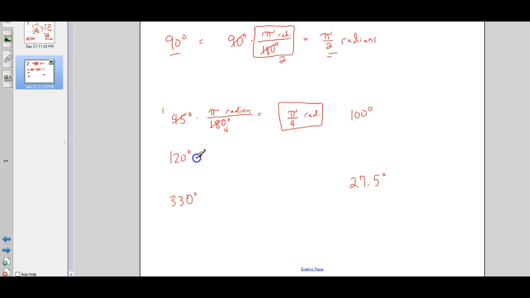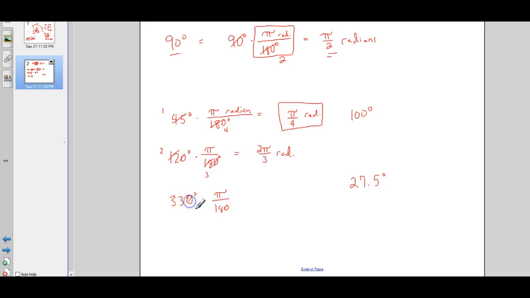And then the same thing here. I'm always going to multiply this by pi over 180 degrees, and I'll get the equivalent radian measure. So the zeros can cancel out, and then there are 2 6s in 12, there are 3 6s in 18, so I end up with 2 pi over 3 radians. 330, same thing, I'm going to multiply by pi over 180.